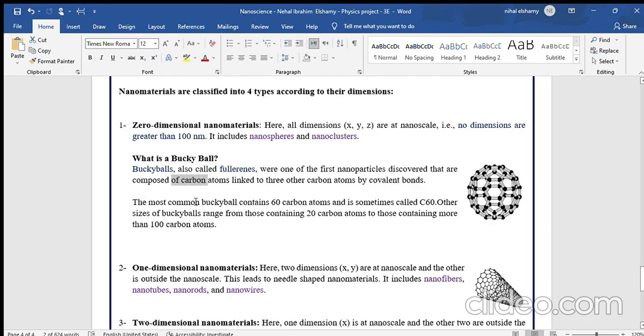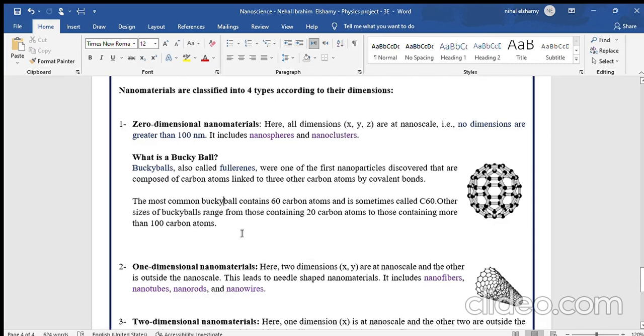The most common buckyball contains 60 carbon atoms and is sometimes called C60. Other sizes of buckyballs range from those containing 20 carbon atoms to those containing more than 100 carbon atoms.